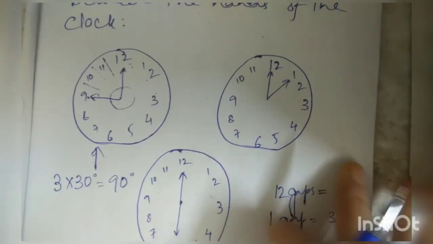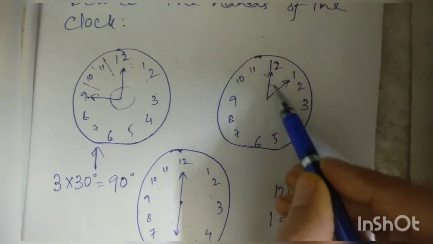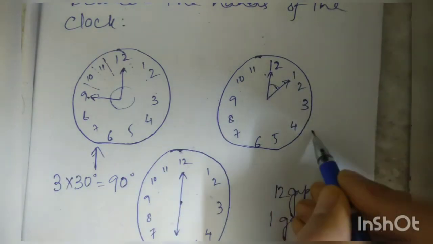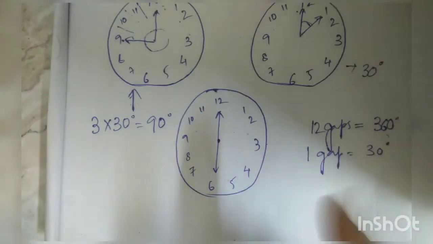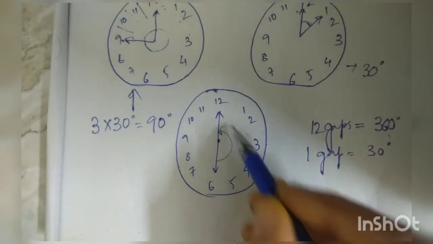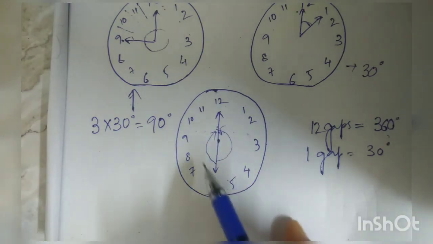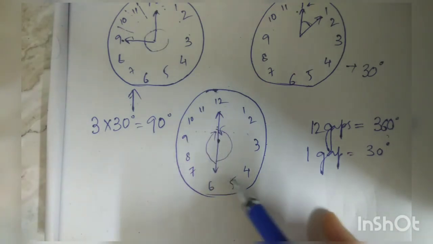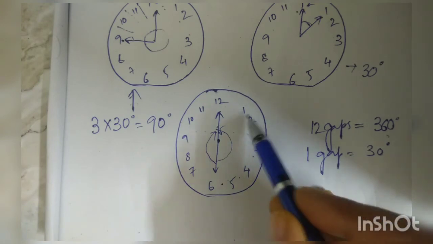Now for this one, 1 and 12. You can see only one gap is there. So here only a 30 degree angle is forming. And here, if you count in the anti-clockwise direction or in the clockwise direction, if you count in both ways, you will find the number of gaps is 1, 2, 3, 4, 5 and 6.